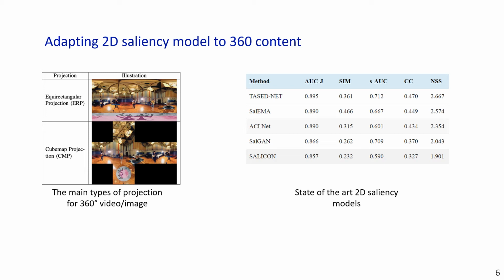The most known and common kinds of sphere-to-plane mapping with uniform quality are equirectangular projection and cubemap projection.